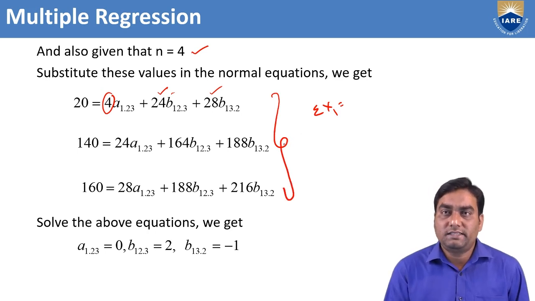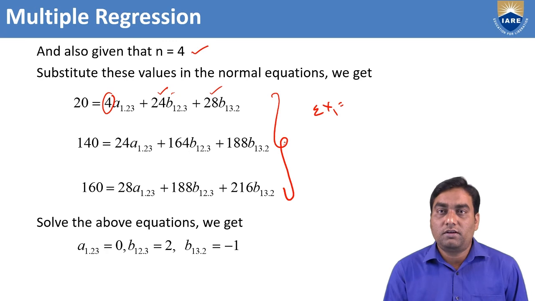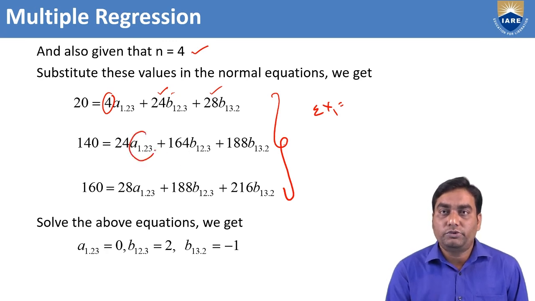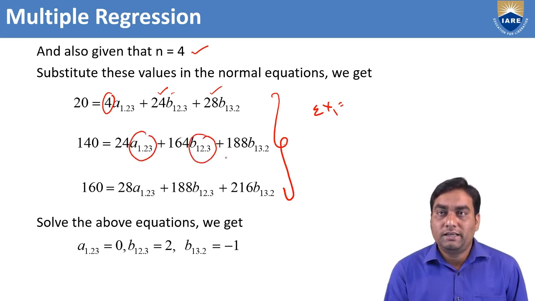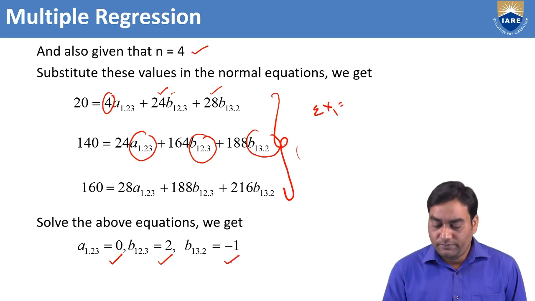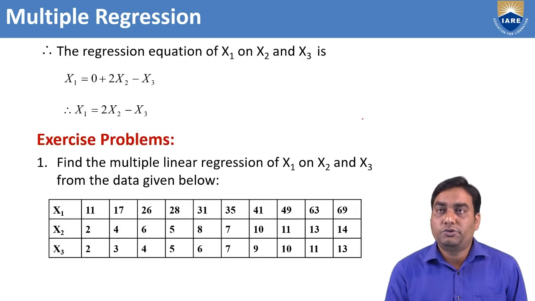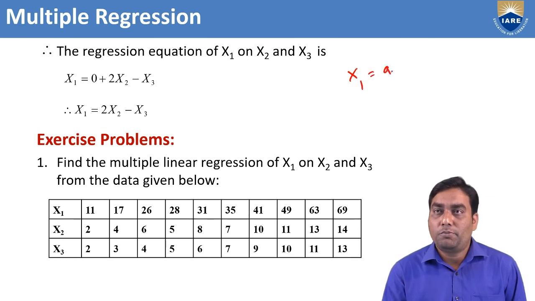We get three equations which we can solve with three unknowns. What are the unknowns here? a 1.23, b 12.3 and b 13.2. If you solve these three equations, we get a 1.23 is 0, b 12.3 is 2 and b 13.2 is minus 1. These values we substitute in the regression equation. x1 equals a 1.23 plus b 12.3 into x2 plus b 13.2 into x3.